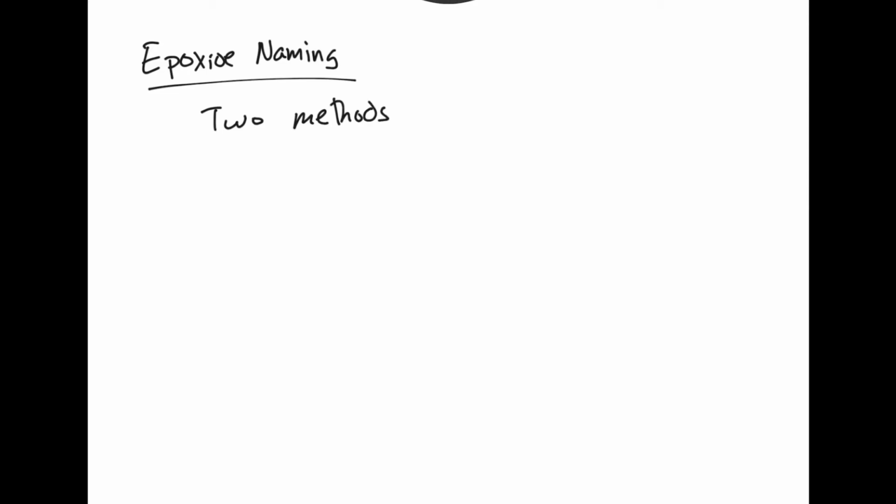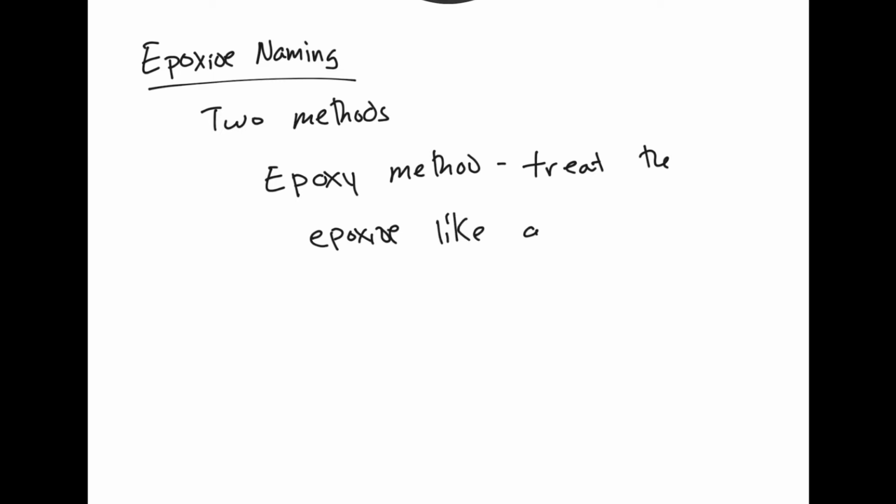So there are 2 methods for naming epoxides. First, there's the epoxy method. We're going to treat the epoxide like a substituent.